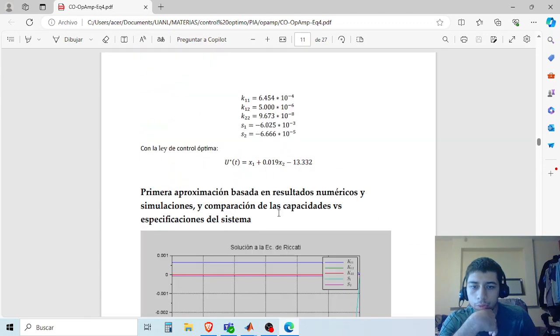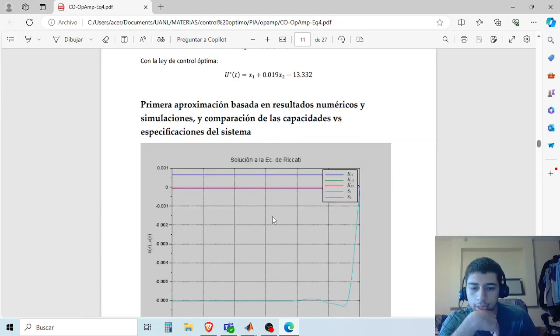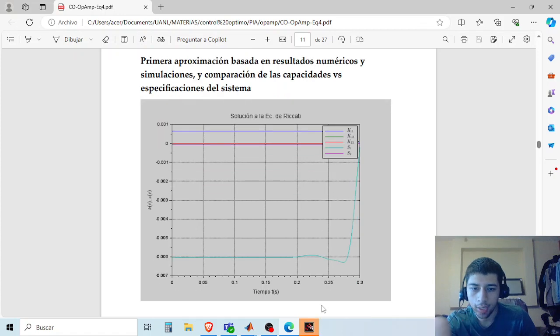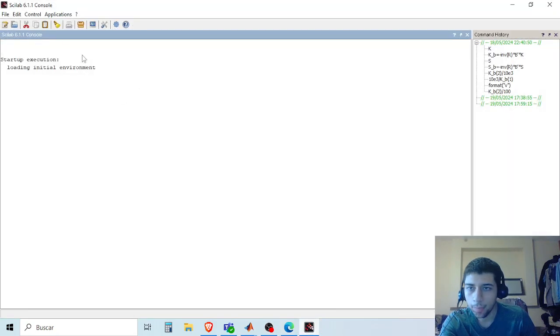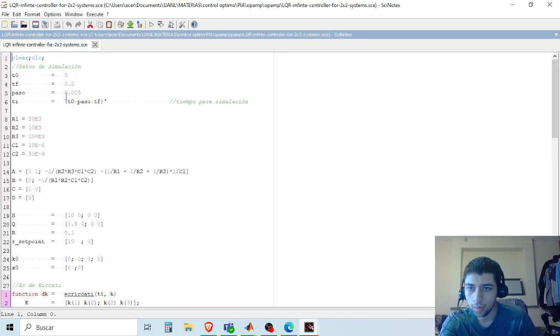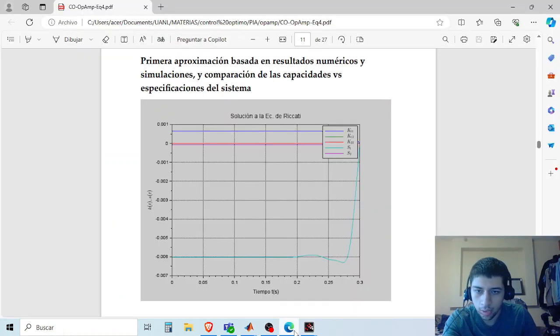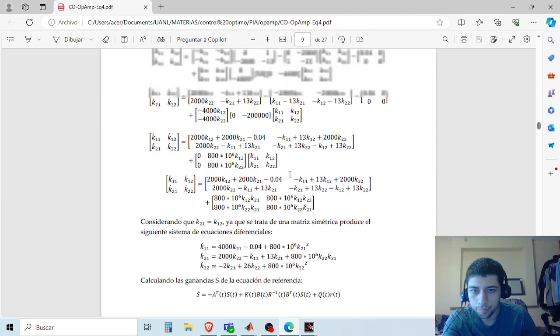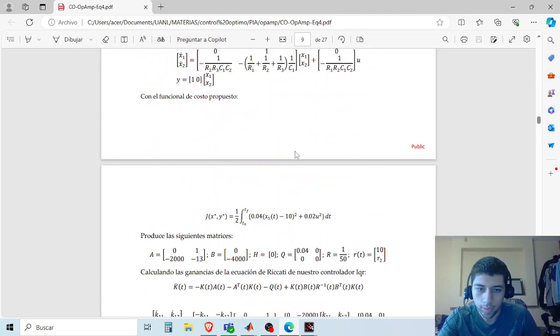But basically, you just have to click play in that script and it will display the following graphs. Okay, let me modify this H value, it was 0.04 and this one was 0.02. Let me corroborate that. Yeah.